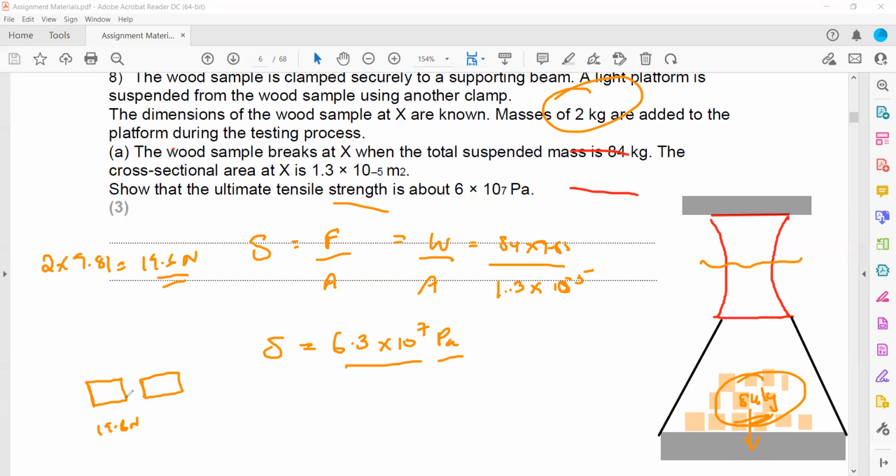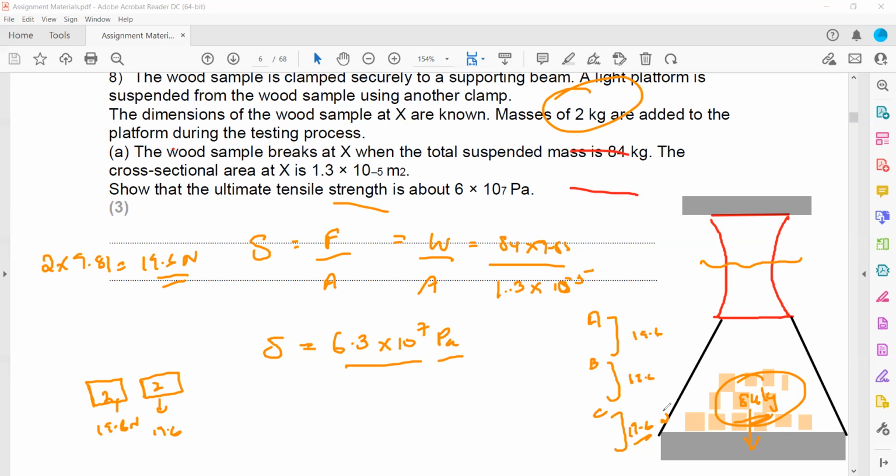Then we add another load of 2 kilograms, and that also increases by 19.6. When the third load is added, it increases by 19.6 again. So every time the force is increased by 19.6, but maybe the object might break within this.